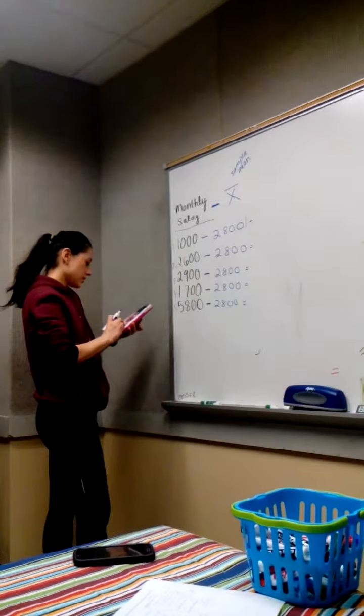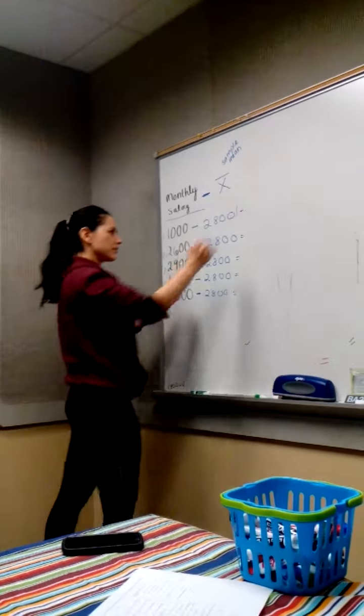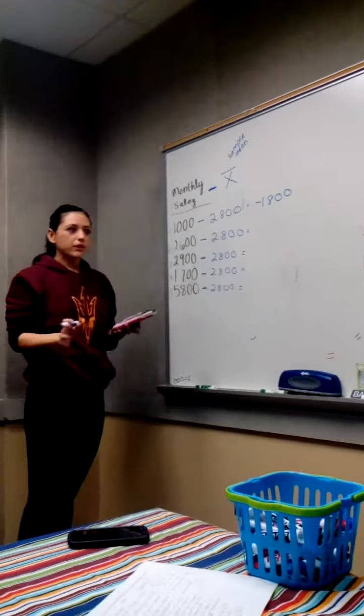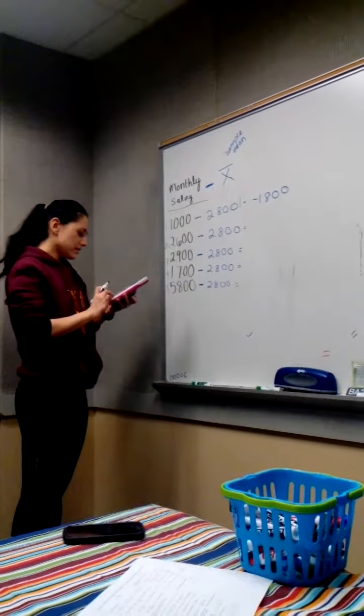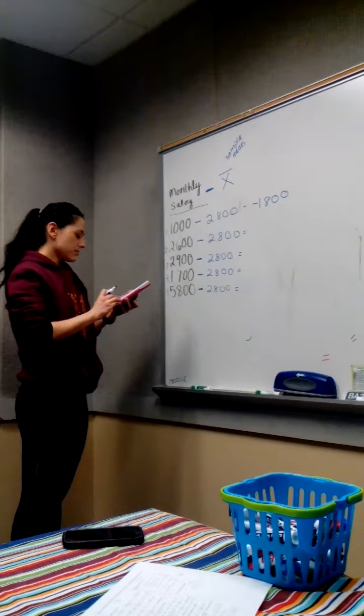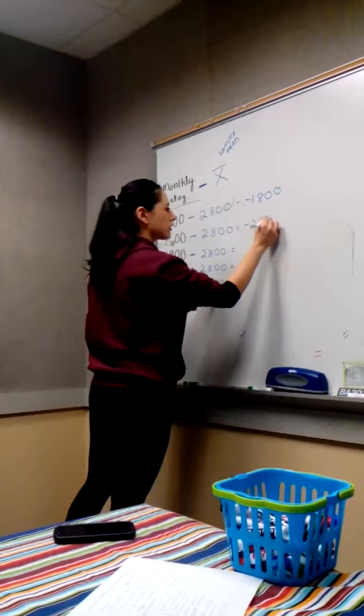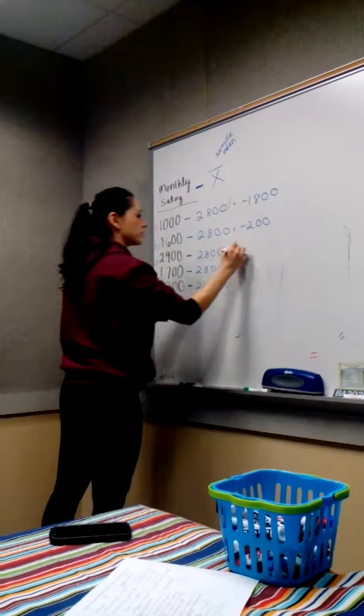I know there's 2,800, 1,800, and that's okay if it's a negative. Don't freak out. We will be fixing that in a second. It should be 100.